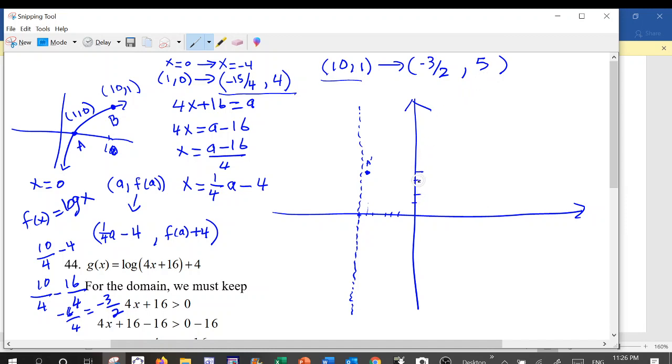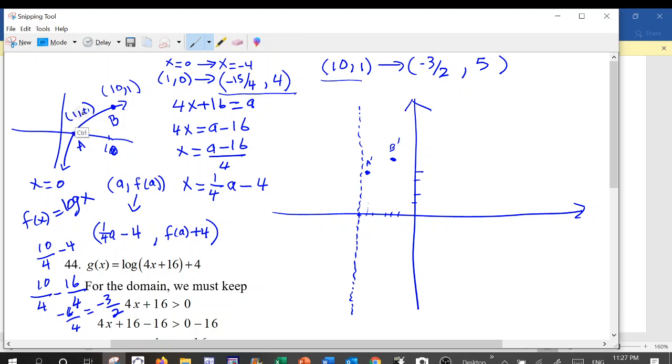So 1, 2, 3, 4, 5. Right, somewhere over there. So it's about right here somewhere. That's what the other point is. So this is b prime.